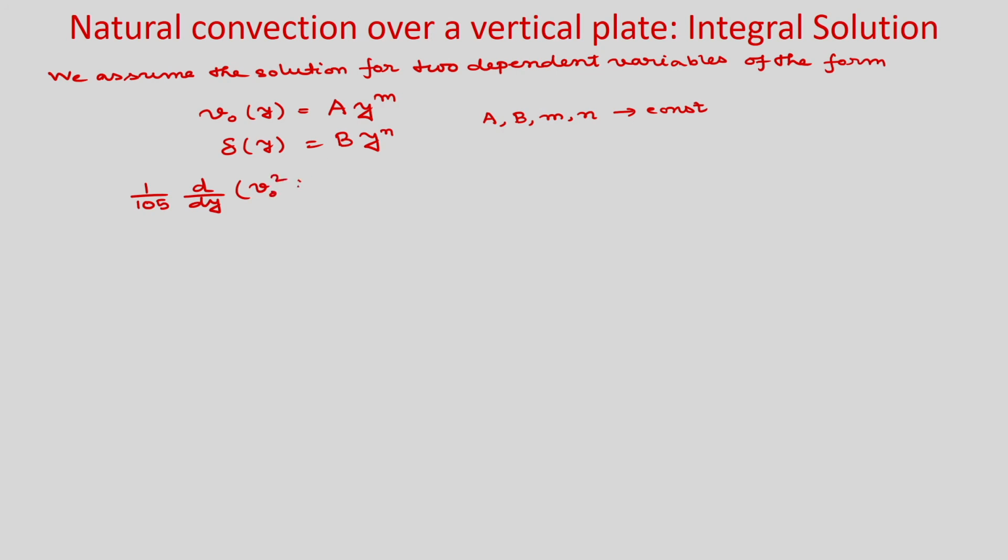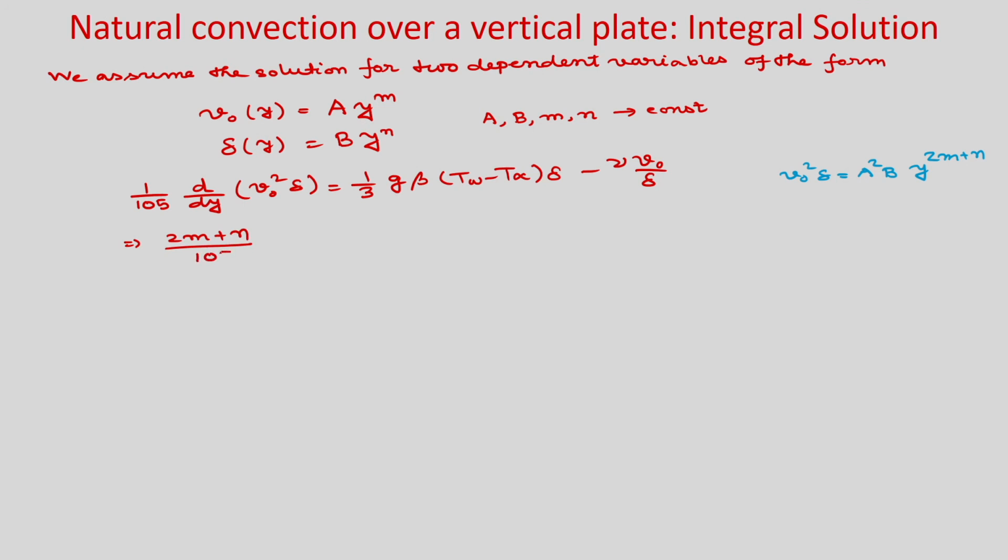So, you will get d/dy of v naught square delta is equal to 1 by 3 g beta (T w minus T infinity) delta minus nu V naught by delta. Okay. So, put the V naught and delta expression here. So, you will get V naught square delta as a square b y to the power 2m plus n. Okay. So, if you take the derivative with respect to y, then you will get (2m plus n) by 105 a square b, these are constants.